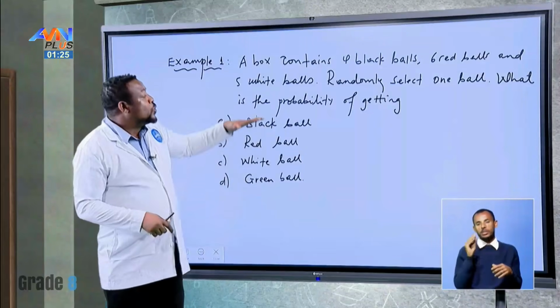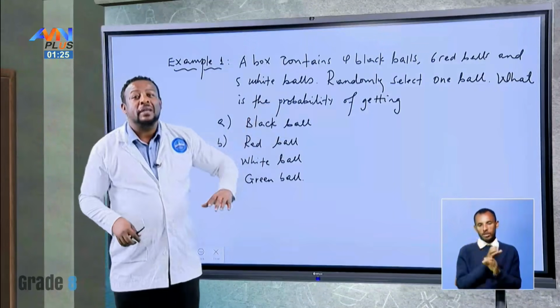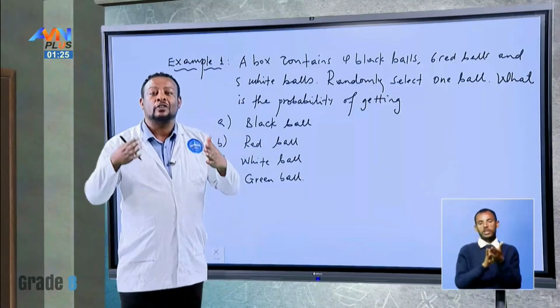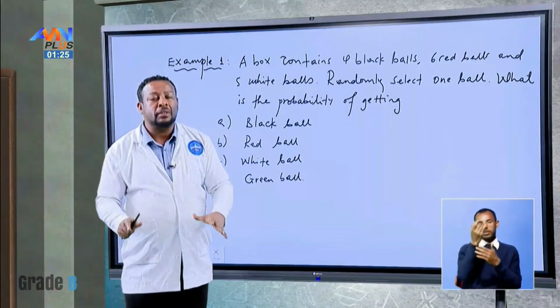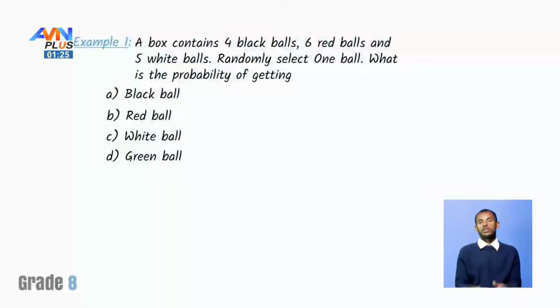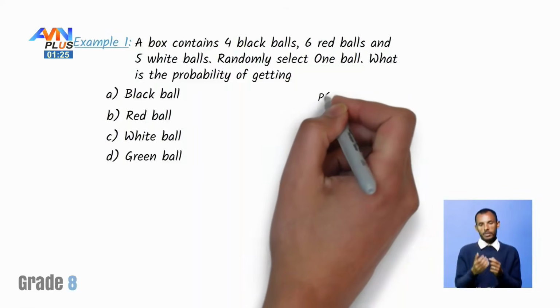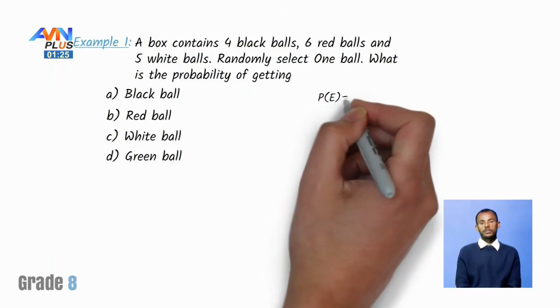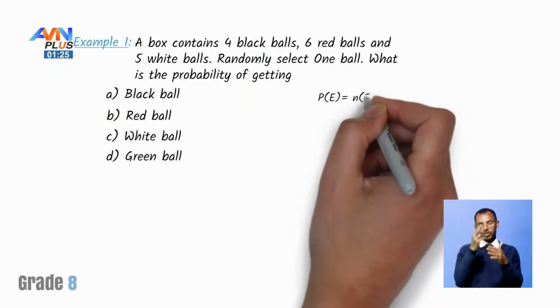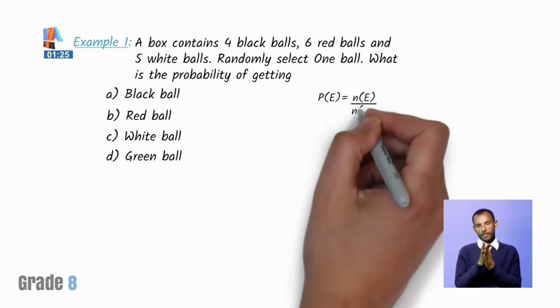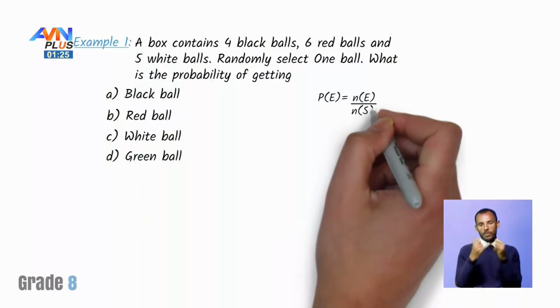Okay, so to calculate this probability, I will give you the formula that you need to apply to calculate the probability of simple events. The probability of an event is the ratio of the cardinal number of the favorable event over the cardinal number of the sample space.